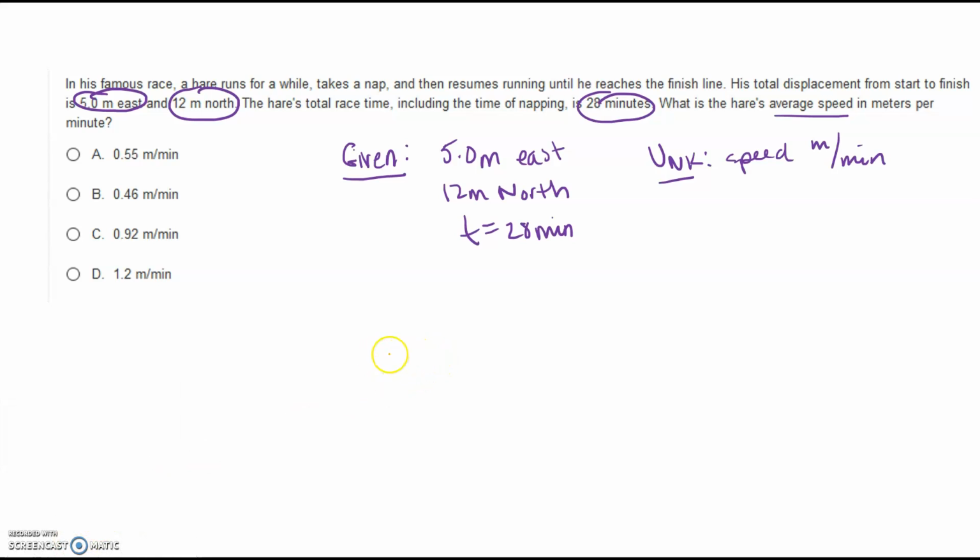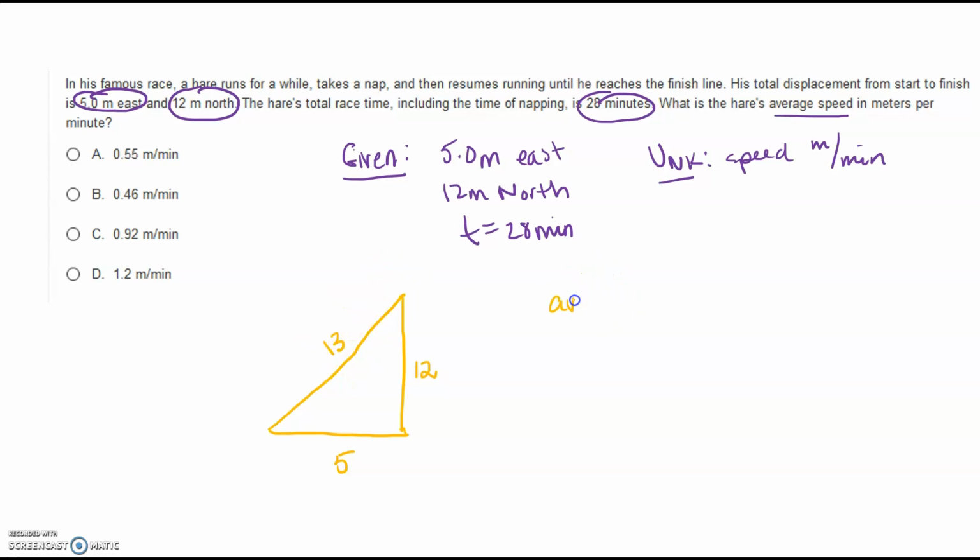Okay. So what I have is, here's my 5 meters east, here's my 12 meters north, and this is a Pythagorean triple, 5, 12, 13. So I know, and you can do the Pythagorean theorem and double check me if you want to, that's fine.